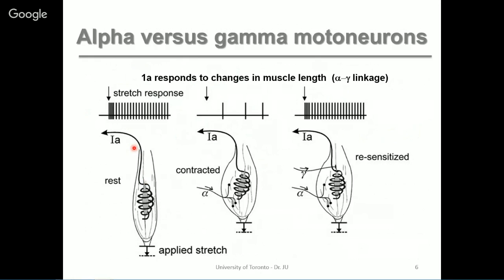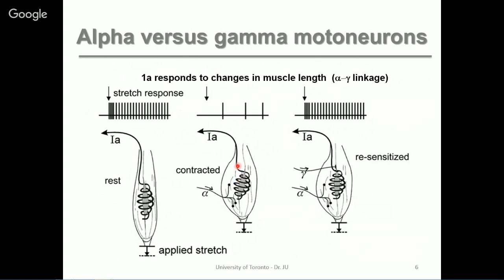And again, one of the things that happens in this stretch response, when you have this applied stretch, is that the first response back is muscle contraction. And this fires through the 1A afferent. Remember, proprioceptors don't use the A alpha or the A beta or the A delta system. They use type 1A, type 1B, type 2.